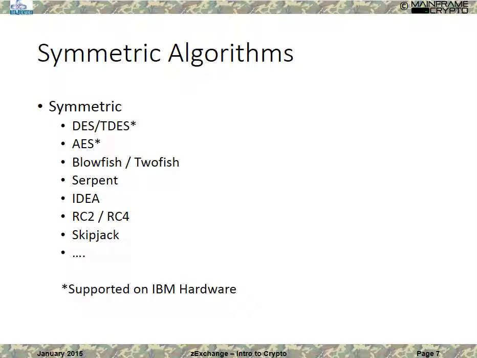Other of these algorithms might be proprietary. That is, there's license agreements required if you want to use them. So they may or may not be generally available, maybe only from the people that invented the algorithm. So there's a bunch of symmetric algorithms available. We're going to focus on triple DES and AES today.